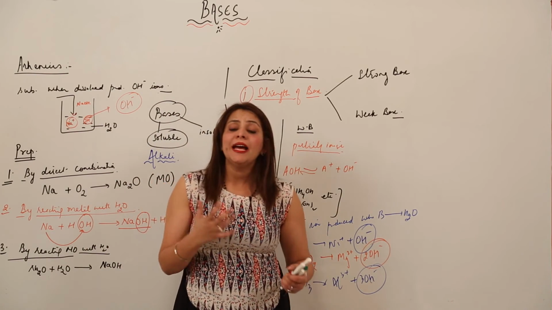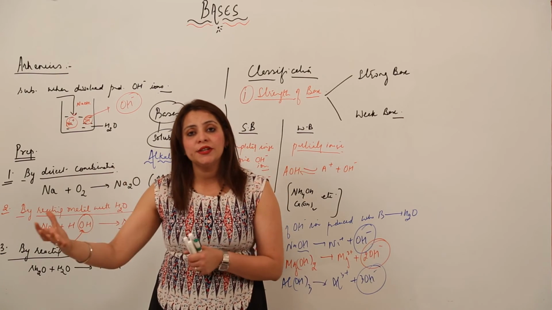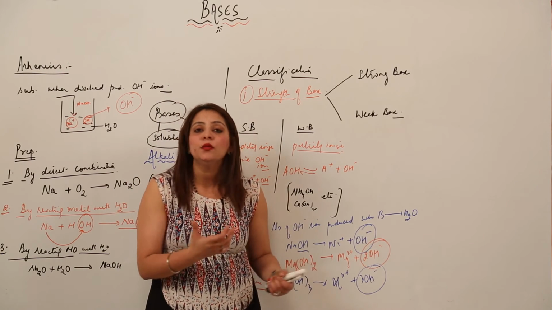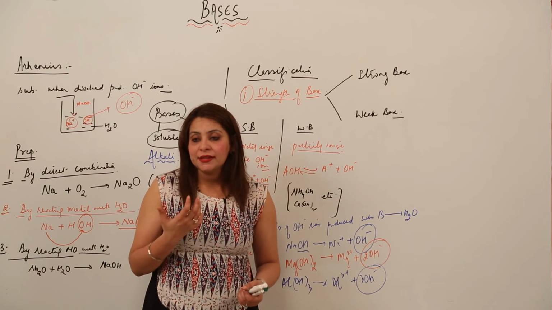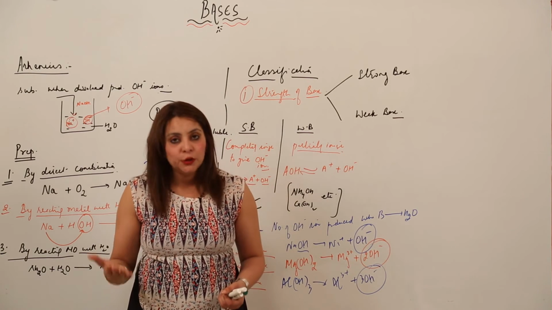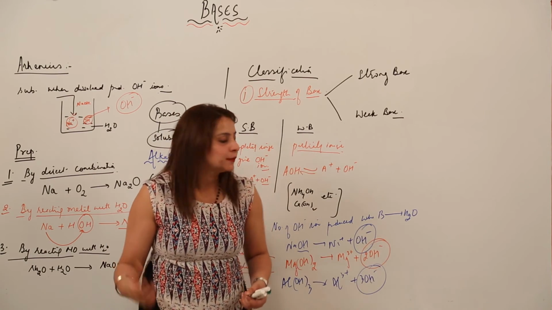And moreover, like we had acids classified on the basis of water content, concentrated acid and weak acid, likewise here we have the concentrated base and the dilute base. A base which contains more water is said to be a dilute base, and one which contains less water is said to be a concentrated base.